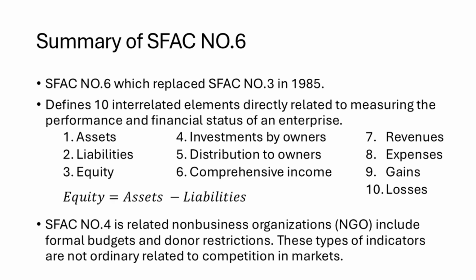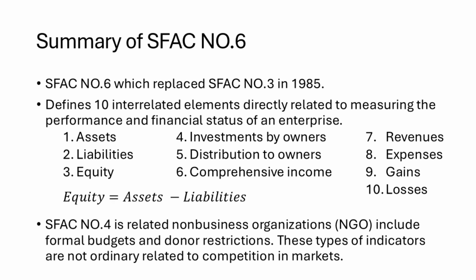And number five, distributions to the owners. Distribution to owners is a decrease in equity of a particular business enterprise resulting from transferring assets, rendering services, or incurring liabilities by the enterprise to owners. Distributions to owners decrease the ownership interest or equity in an enterprise.